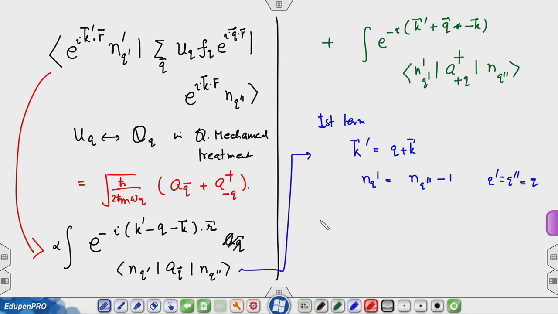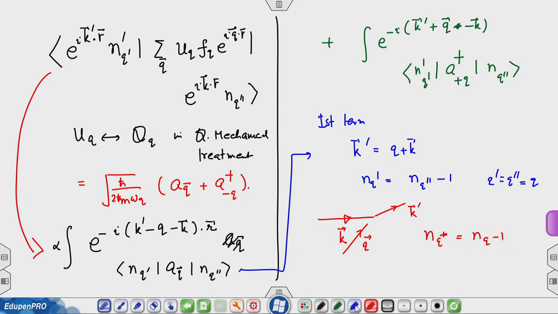So what has happened is there is a neutron, or any particle, of momentum k coming in, and it gives rise to an outgoing particle of k prime momentum, and that k prime is equal to k plus q, and also n_q has gone down by 1.